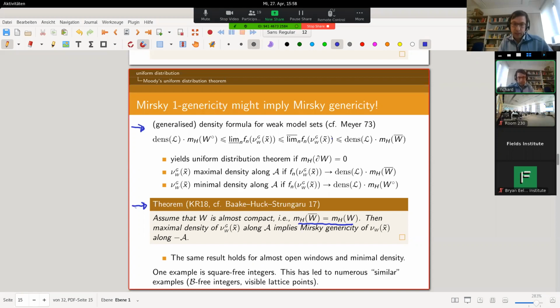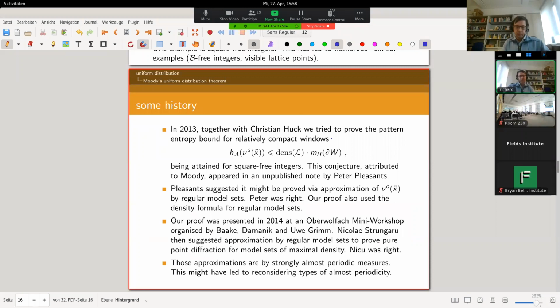One example is then square free integers. So it's nice, you have understood this square free integers example, and this led to numerous similar examples, B-free integers, many results about B-free integers, visible lattice points in various geometries and so on.